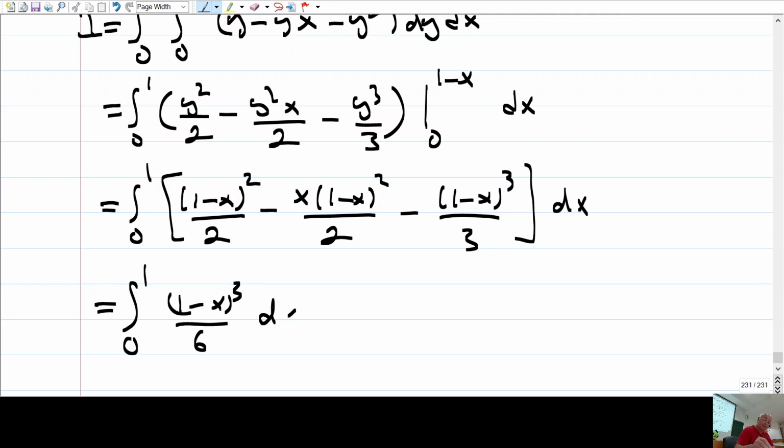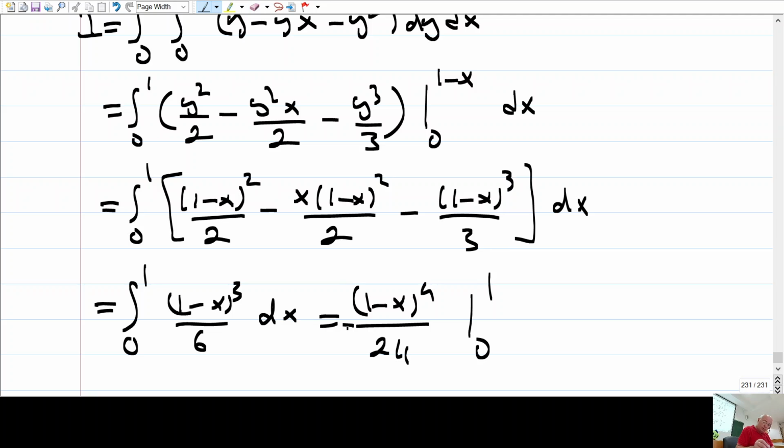Right? dx. And what is the integral of this? It is minus (1 minus x) to the 4 over 24, right, from 0 to 1. Let me check. When you take the derivative, 4 comes down, you get 6.